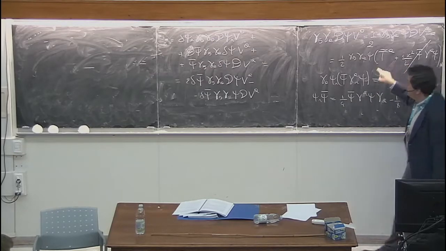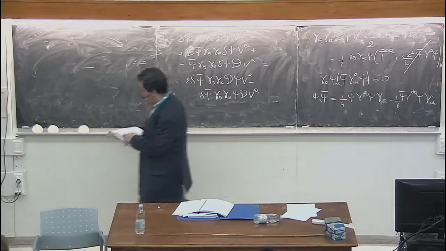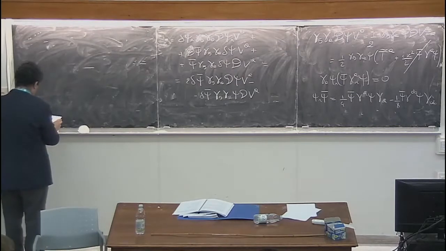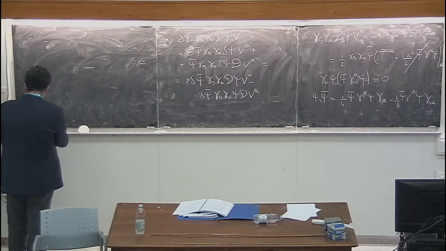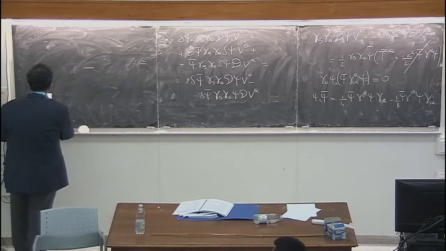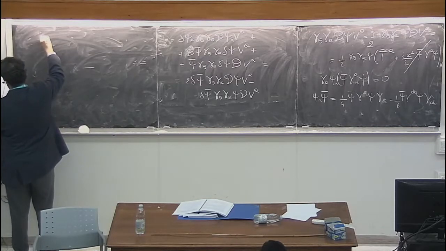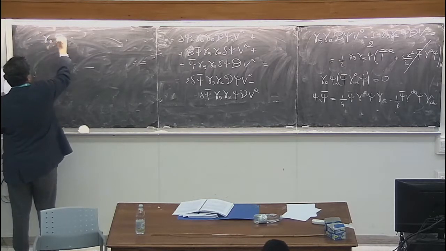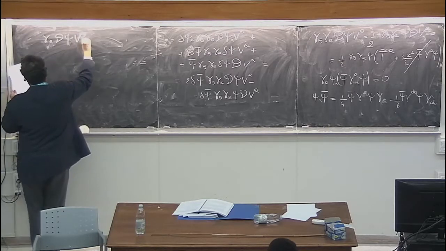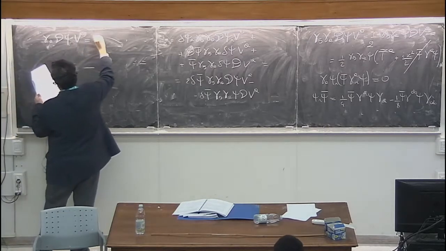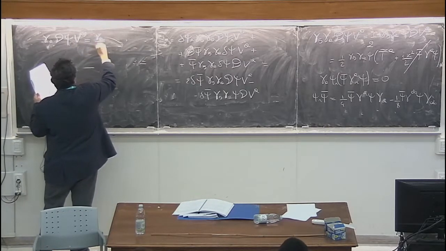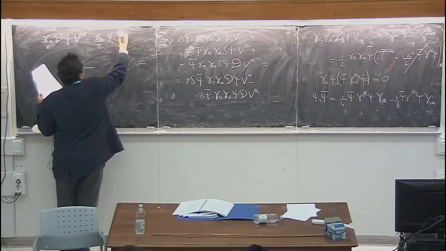We are left with this last one, which is gamma a d psi va equals gamma a half psi t tilde a.